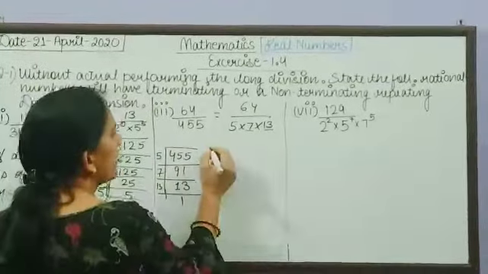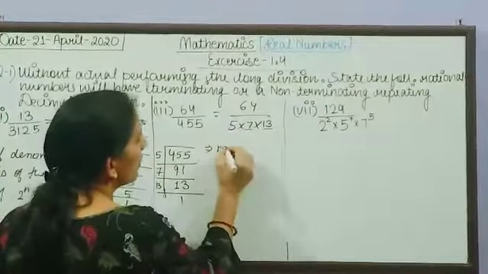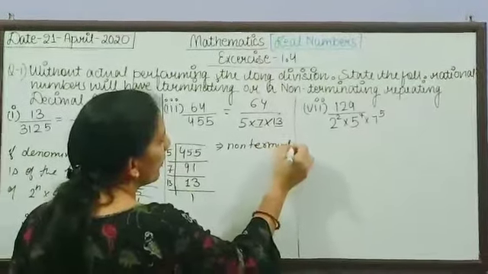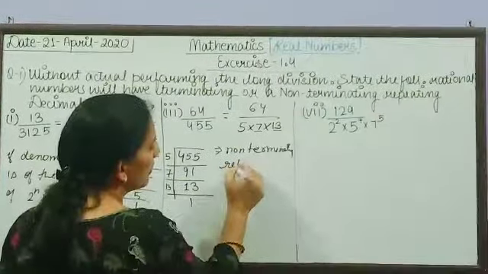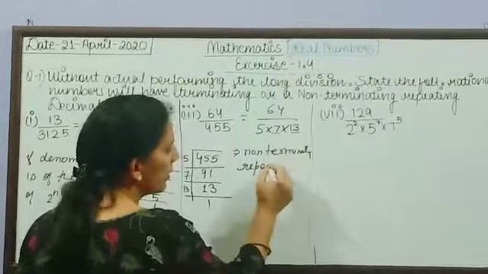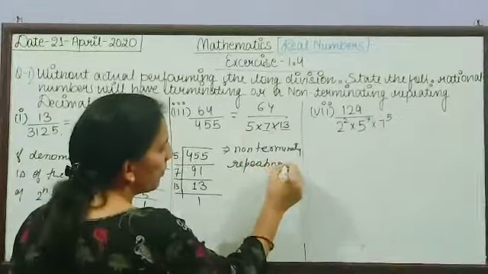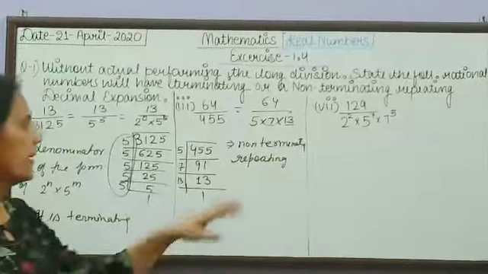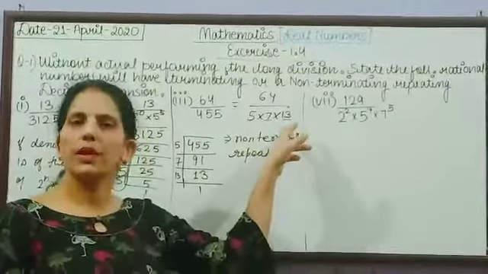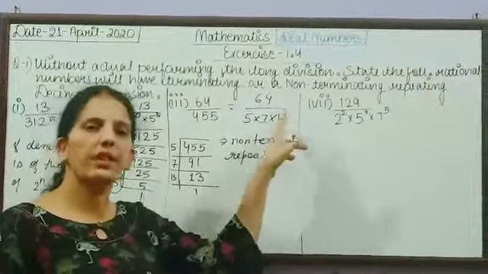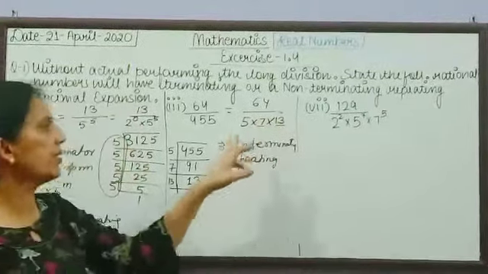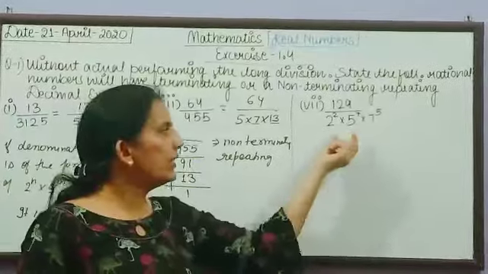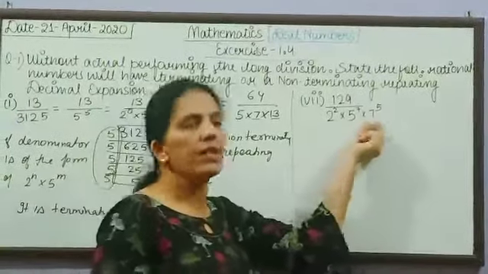Right? It is non-terminating repeating because its denominator's factors are other than 5 and 2 also, like 7 and 13 here. Therefore it is not terminating, it is non-terminating repeating. Last, again, other than 2 and 5, it is having 7 also.